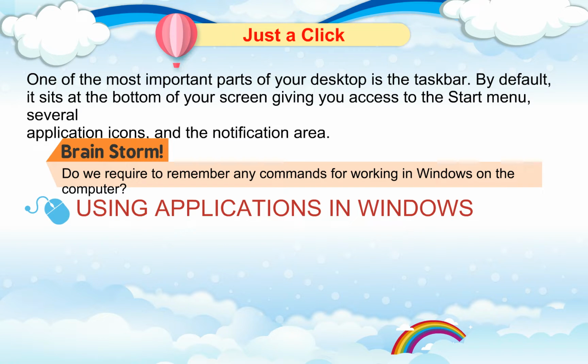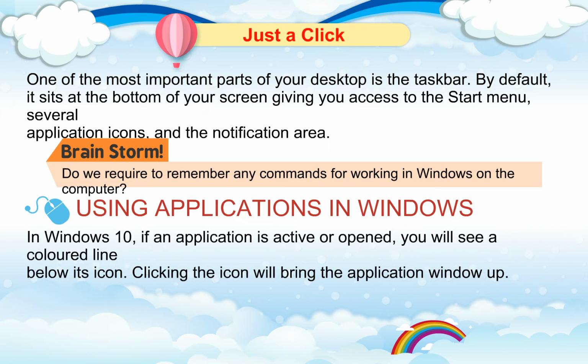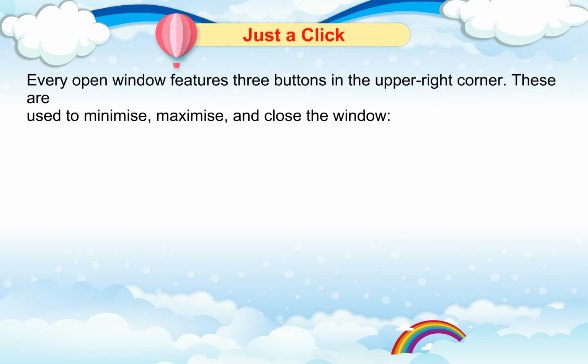Using applications in Windows. In Windows 10, if an application is active or opened, you will see a colored line below its icon. Clicking the icon will bring the application window up. Every open window features 3 buttons in the upper right corner.